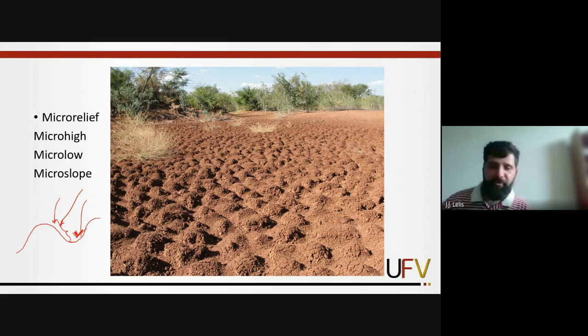We can't find this in soils with low clay content or low clay activity, so it's not so common, but we can find it especially in dry lands when soils are not so weathered or not so leached, okay?